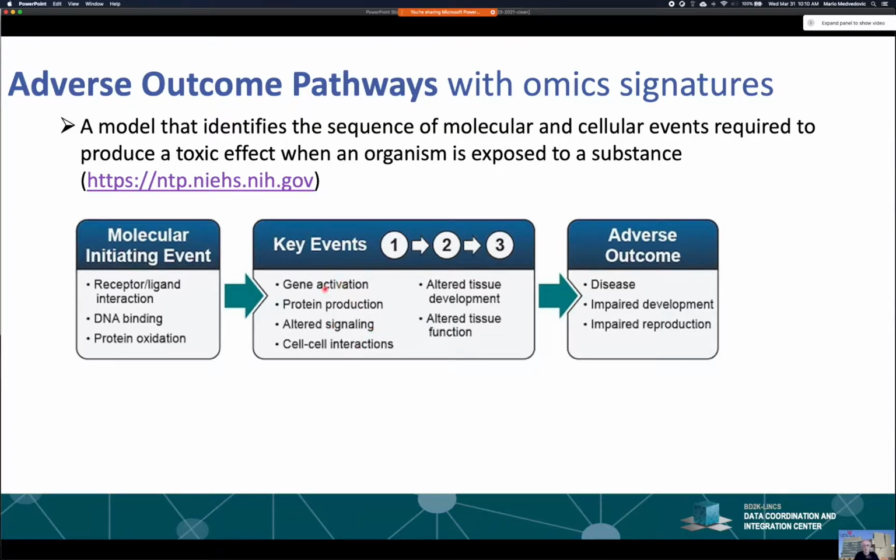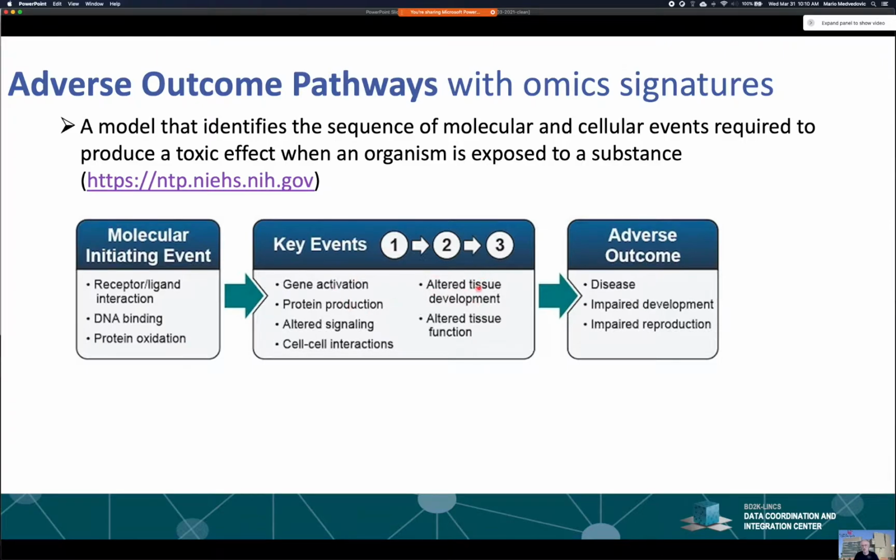If we are thinking of these in some kind of order, in this list I would probably put altered signaling on top, followed by gene activation and protein production, right? Because any of these events will trigger some signaling cascade that will eventually lead to gene activation.